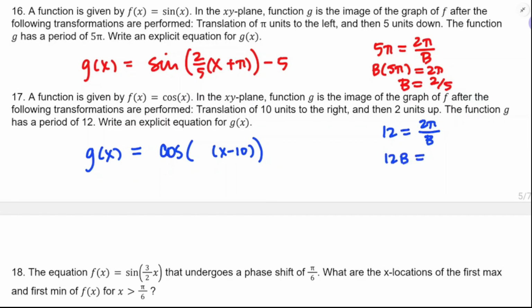I guess b is pi over 6, pardon me. Period of 12, yeah, so b is going to be 2 pi over 12, which is pi over 6. Okay, so pi over 6 times x minus 10, and then it said also 2 units up, so plus 2 on the outside.